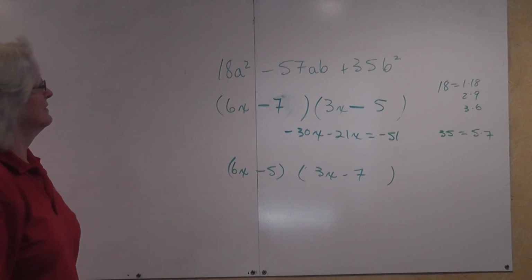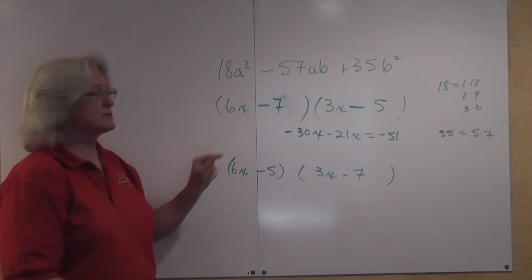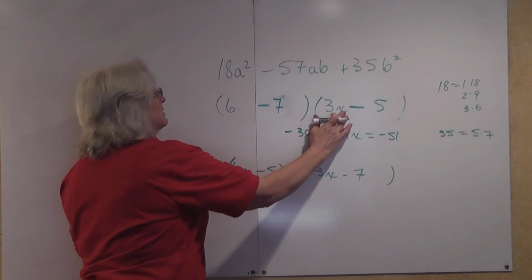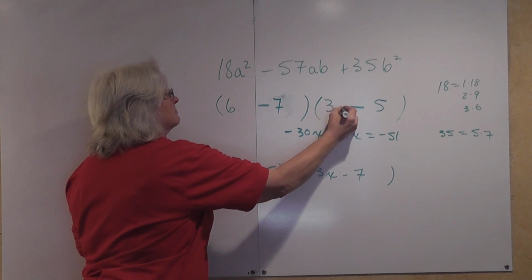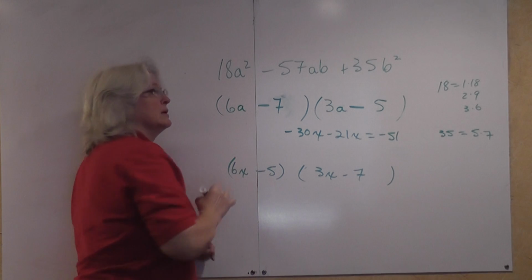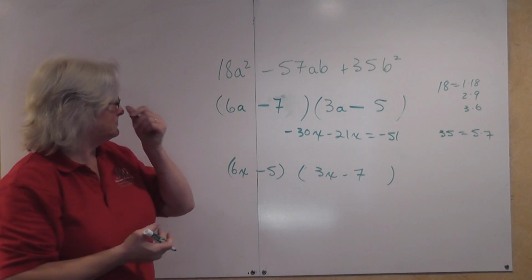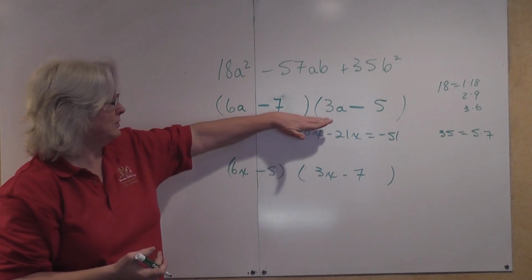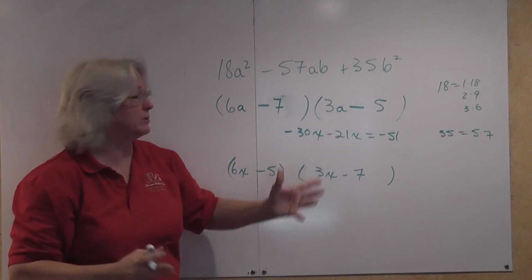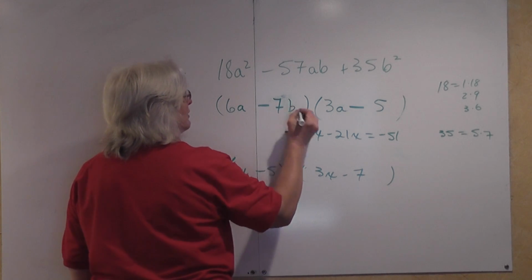Oh, how funny. It's not x. We have, this is going to be 6a and 3a. For those of you who are watching this who are not in my class, I apologize. For those of you who are in my class, I'm just going to go back and put the correct variables in.